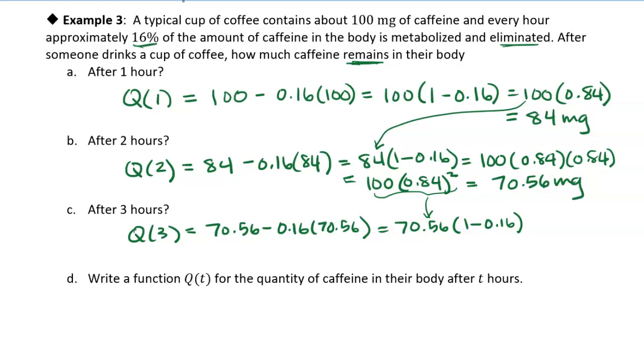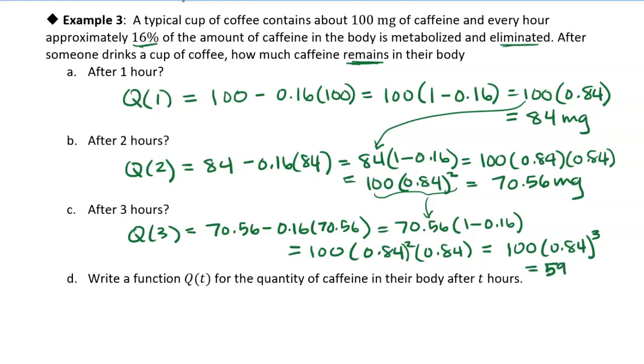And so I have 100 times 0.84 squared and then times another 0.84. So I have 100 times 0.84 cubed after 3 hours. Now I can calculate that value. What did I get? I got 59.27 milligrams.